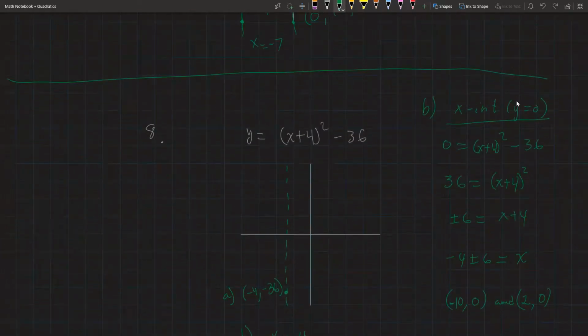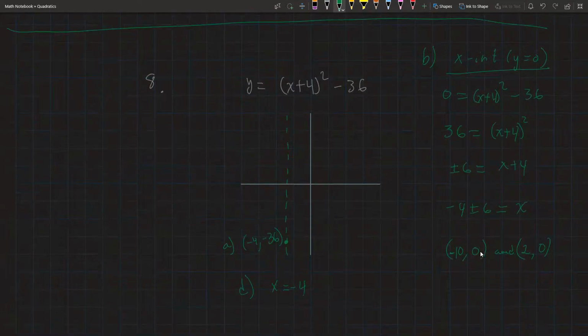And remember that we know that their y value is 0 for both of them. So now we can plot those 2 points. If this is x equals -4, then (2, 0) must be somewhere right there. And remember the idea of symmetry. Whatever distance we have from this point to this line should be the same from this point to the other x-intercept. So somewhere right there. Oh, maybe not right there. I think it's a little further out.